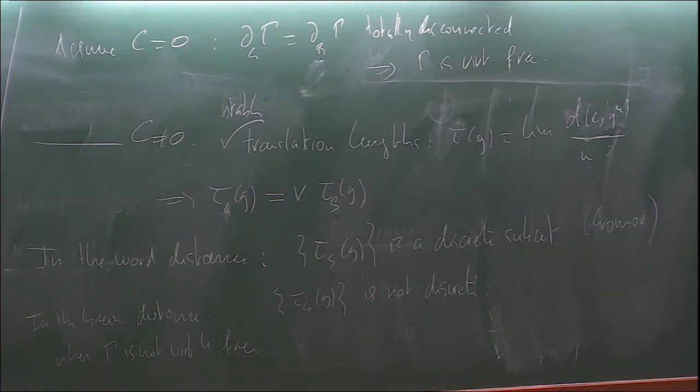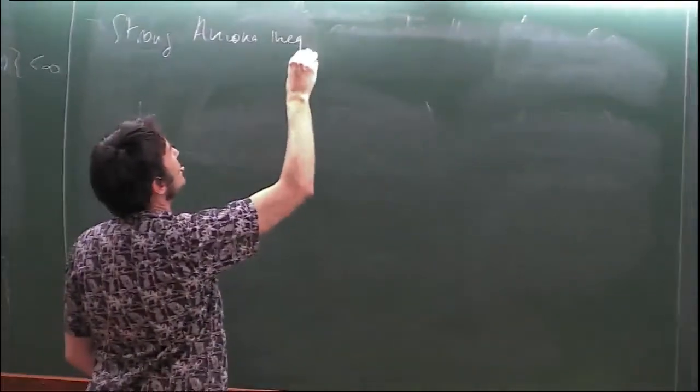So there's another way to get to that, which is to use cross ratios instead. This is an idea of Dal'bo. But for this, we need some good properties of the Green metric. It turns out that it satisfies what is called a strong Ancona inequality.